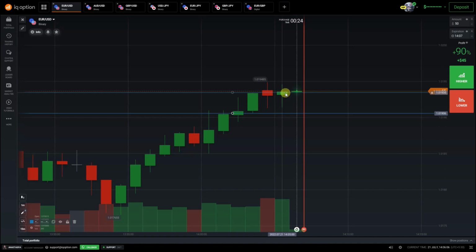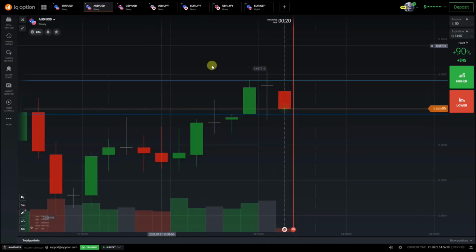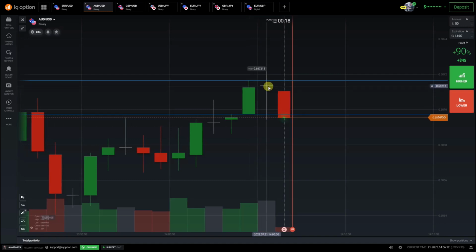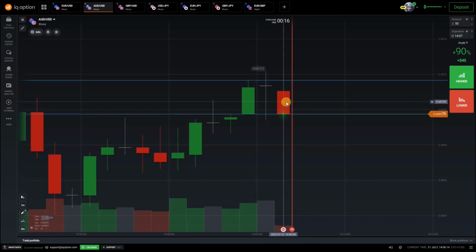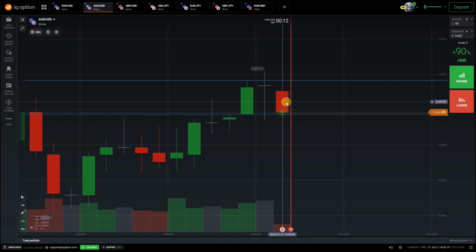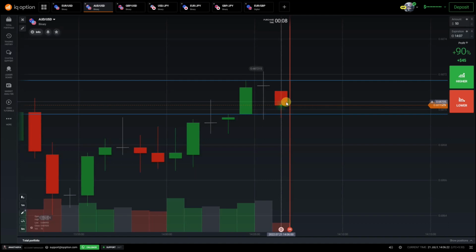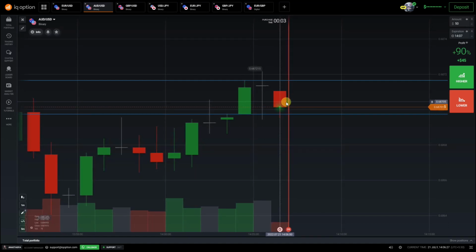This is broken, so I'm not trading. It's getting support, so I'm not trading. This is a risky one. Here, in case this candle closes above, I can use this one. Now let's check what's happened. If it's not breaking, we will go for the trade.